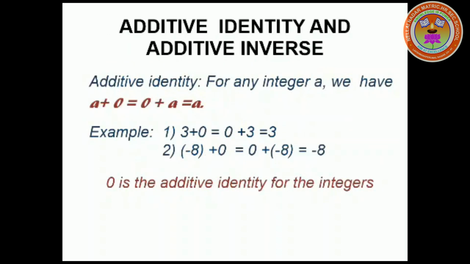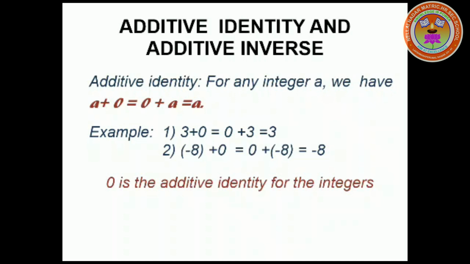Next, additive identity and additive inverse. First, let us learn what is additive identity. Additive identity is, for any integer a, we have a plus 0 is equal to 0 plus a is equal to a. That is, if I take any integer and add it with 0, the value will be the same integer.